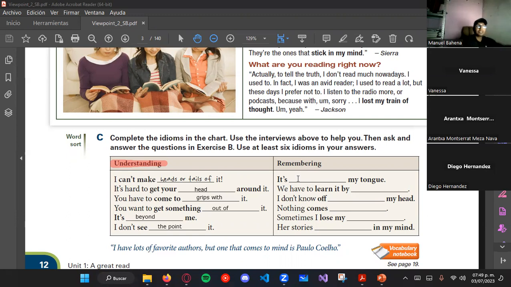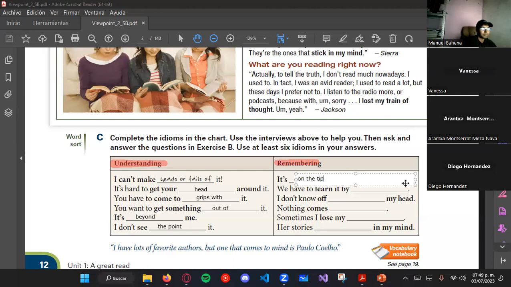Perfect. And now let's go to the remembering column. La columna de remember, de recordar. So for example, the first one says, it's on the tip of my tongue.